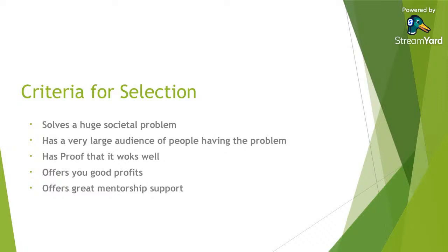Do you understand? You have to make sure that any product that you are selling has huge proof that it works. That is called having social proof. That is a very important aspect of any business. Make sure that the business has social proof.